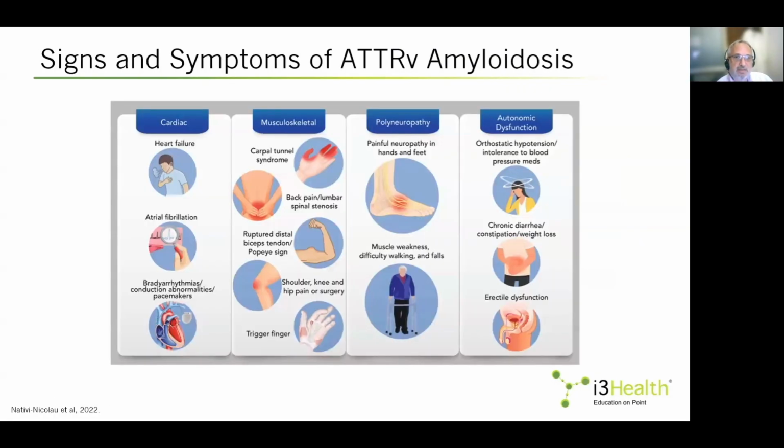I have to have a high index of suspicion to diagnose a variant TTR amyloidosis or any form of amyloid. Obviously, patients can have symptoms of heart failure or concomitant arrhythmias, either atrial fibrillation, non-sustained VT on monitoring, or bradyarrhythmias, or need a pacemaker. As I mentioned, there are a whole host of orthopedic manifestations: carpal tunnel, lumbar spinal stenosis, Popeye sign or a biceps tendon rupture, joint replacement, knee, hip, or shoulder, and trigger fingers.